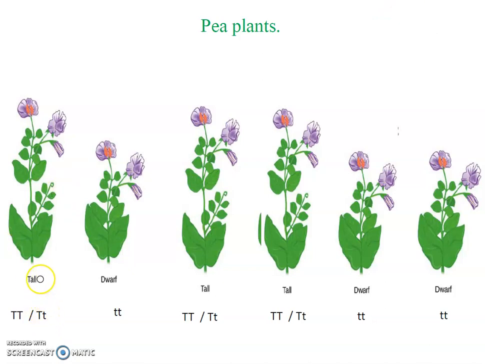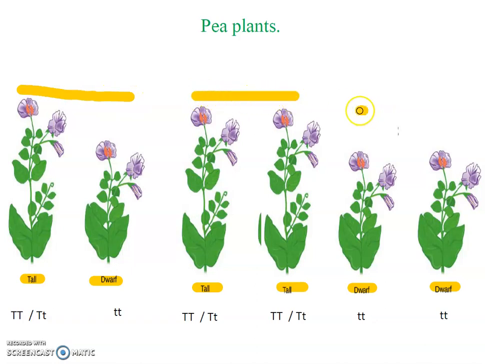This is a tall plant, a dwarf plant. This is the first pair, this is the second pair, and here the third pair. These are three pairs.